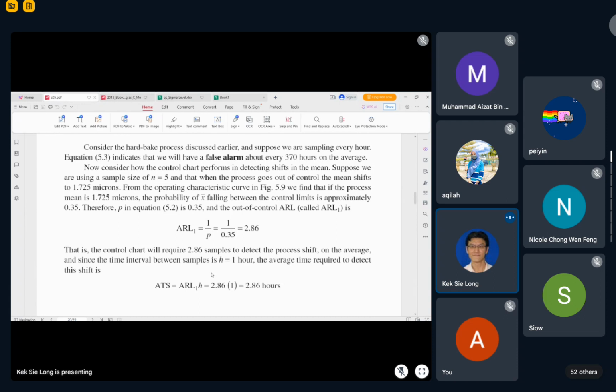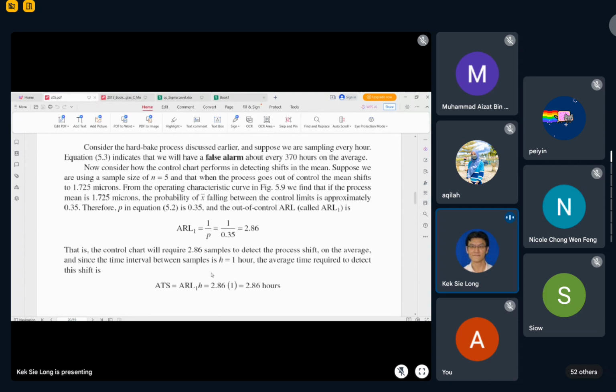In ARL1, P is equal to 0.35, referring to the probability of X bar falling between the control limit. Just now the point is outside the control limit, but now X bar is falling between the control limit. So maybe you need to highlight the terms so that you can see the difference and you can use the right information to calculate either ARL0 or ARL1.